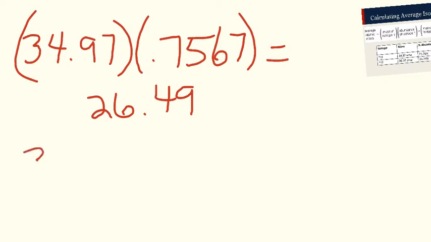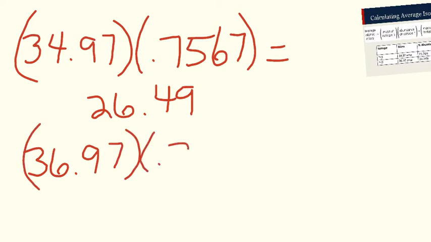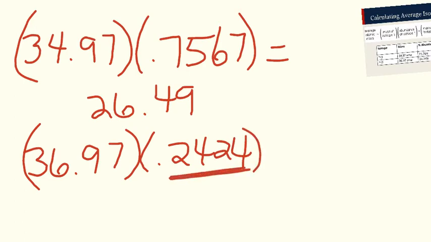The second product will be 36.97, that's the mass of the second isotope times its fractional abundance. Now this abundance is much smaller, so this particular isotope is going to make up a smaller fraction of the average, only 8.962.